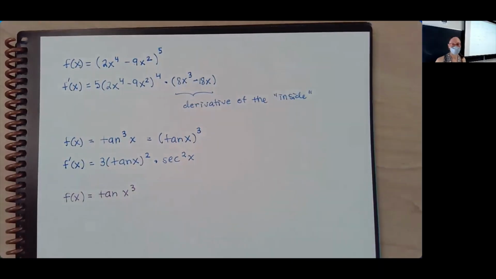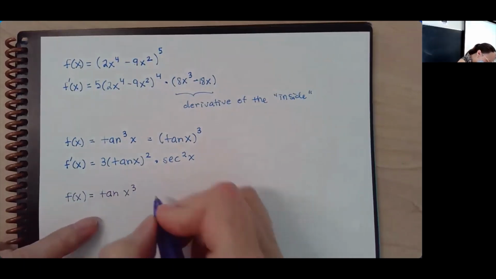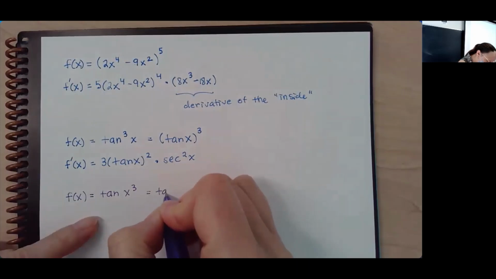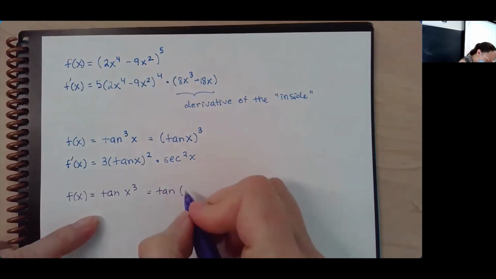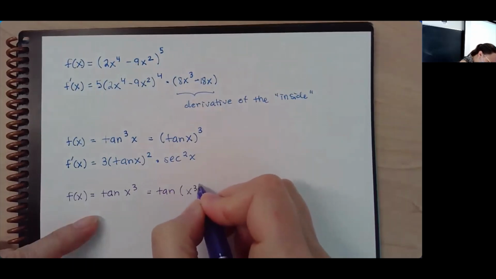I'm going to move the 3. And now we have a completely different problem. Visually, it's not that different. But this means that I have tangent as sort of an outside function with an inside function of x cubed.